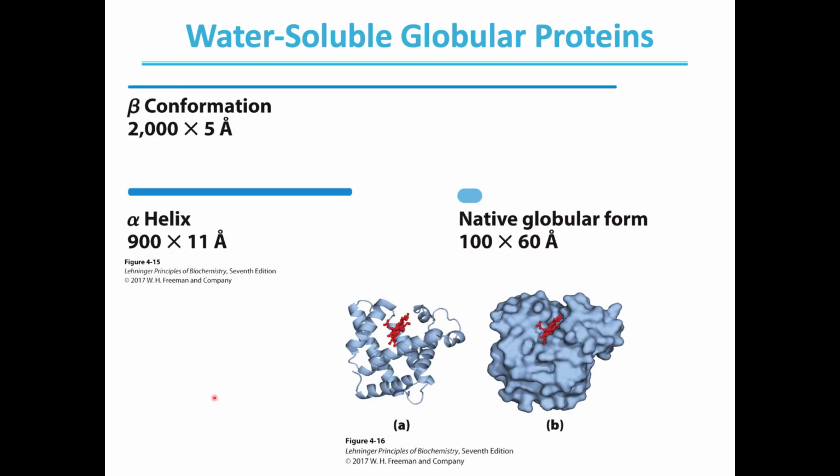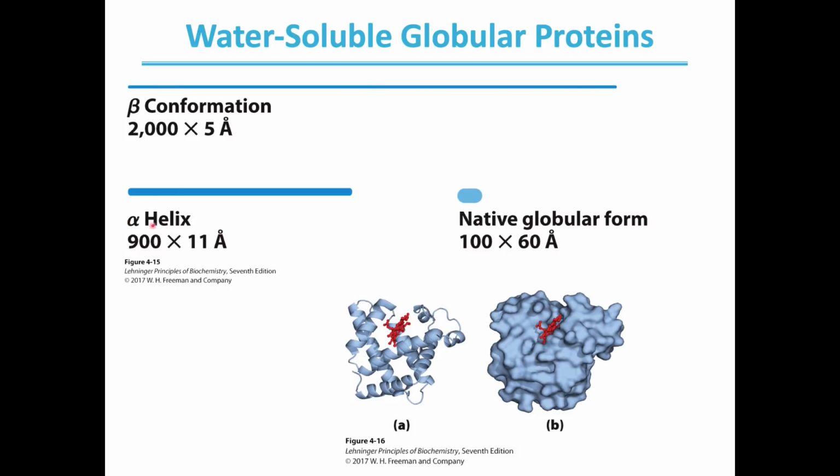So we can see here an example of the relative sizes of each of the different types of molecules that we're looking at. If you had a protein of a given size, in this case the protein is BSA, or bovine serum albumin, in an extended beta conformation, you would have a molecule that's about 2,000 angstroms long and 5 angstroms in width.